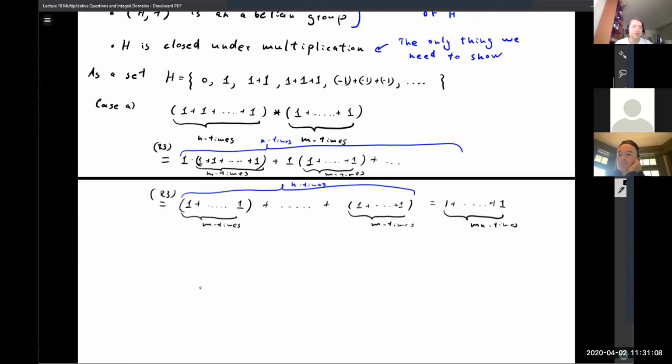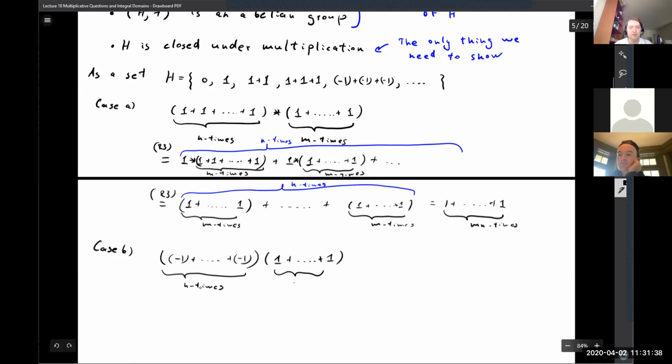Now the case B, which I, of course, won't write down, would be the following: if you look at minus 1, n times, oh, that's an operation star, to be clear. And if we multiply it by 1 plus 1 m times, then of course you will get minus 1 plus minus 1, mn times.